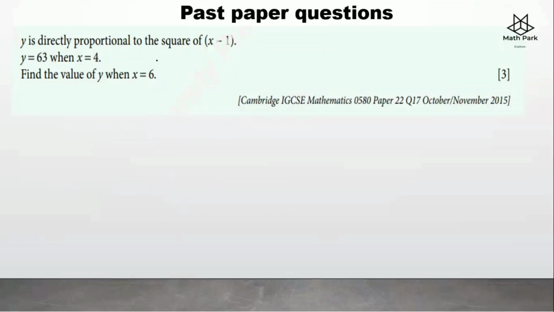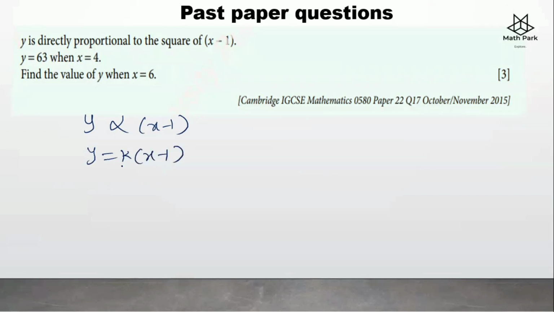Y is directly proportional to x minus 1. Y is directly proportional to x minus 1 when y is equal to 63 and when x is equal to 4. Okay. So we are asked to find the value of y when x is equal to 3. First thing we need to do is find the constant of proportionality, that is k. So we have y is equal to k into x minus 1.